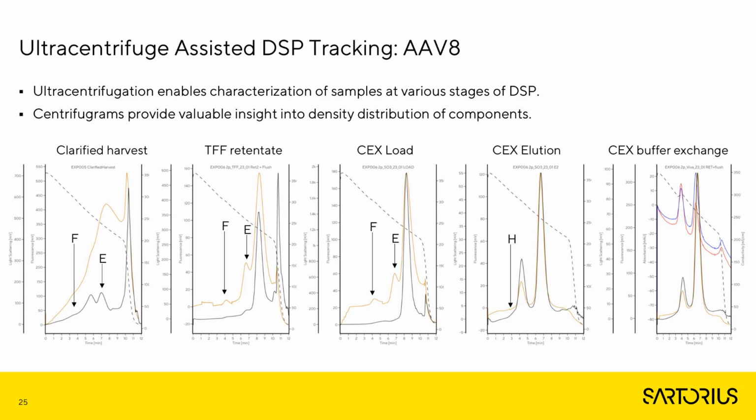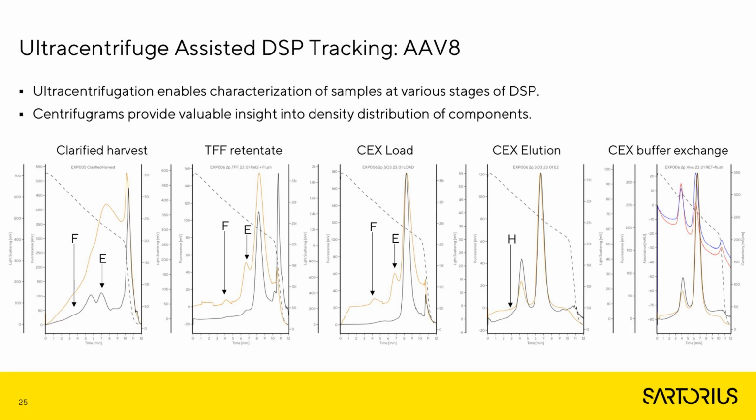So again, the samples were centrifuged and profiled, and from these centrifugograms displayed on this slide, we can actually monitor how each individual downstream process is altering the composition of our samples. So basically, we can monitor the impurity removal from the samples with this ultracentrifugation approach.